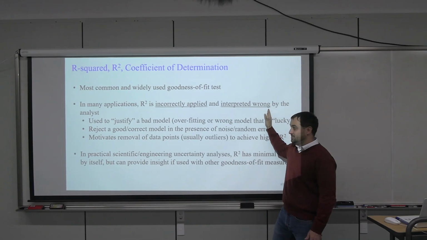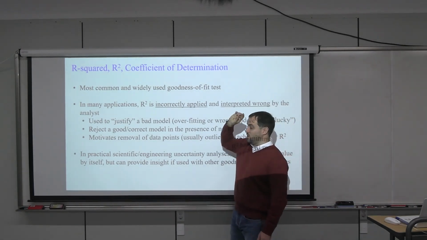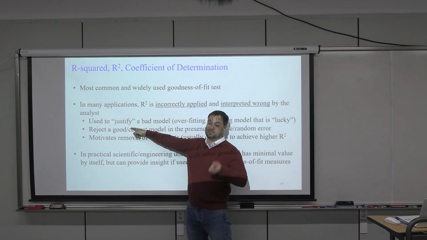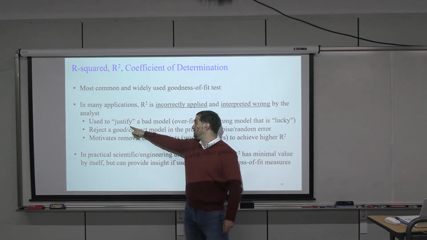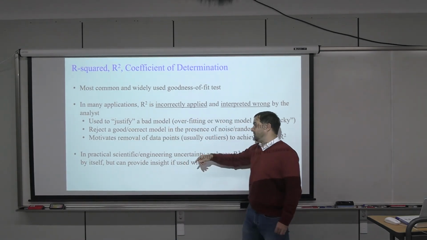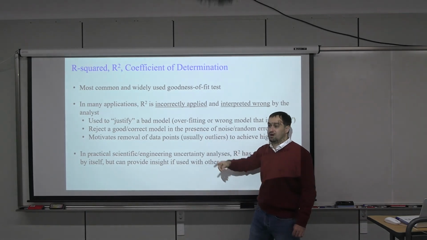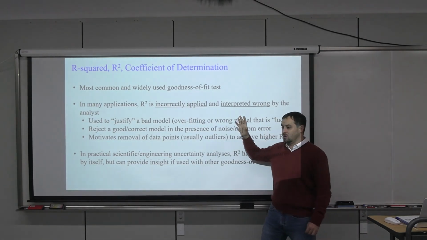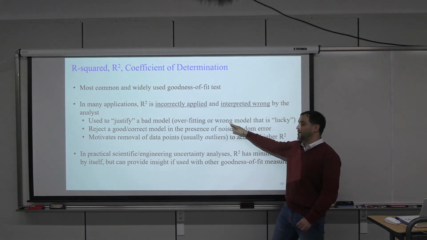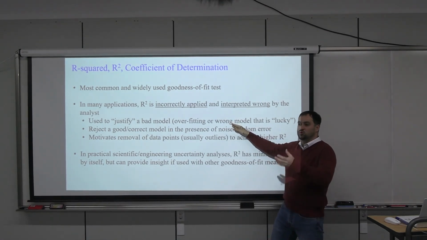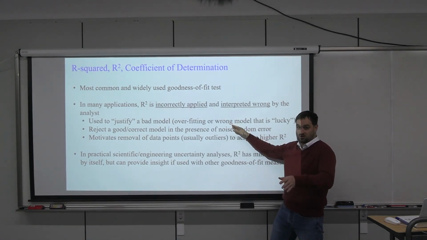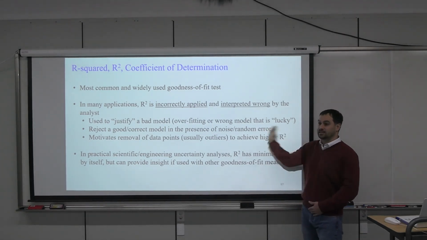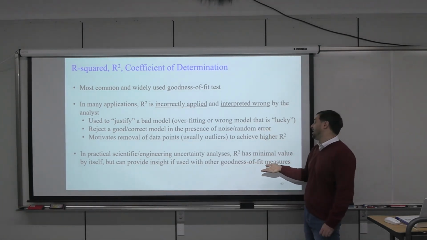In many cases, we will use R squared to justify, and perhaps it's the only justification for, a bad model. For example, an overfitting model will generally have a very high R squared. And there are also other circumstances where we chose the wrong model, but we got lucky and it happens to give a large R squared value.